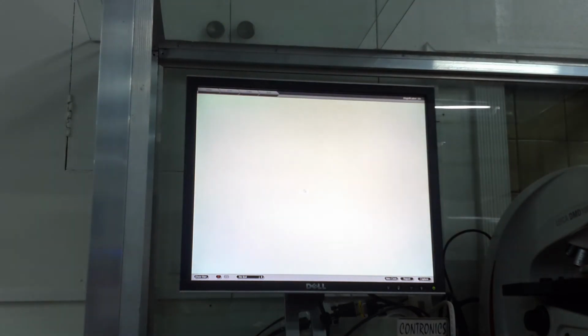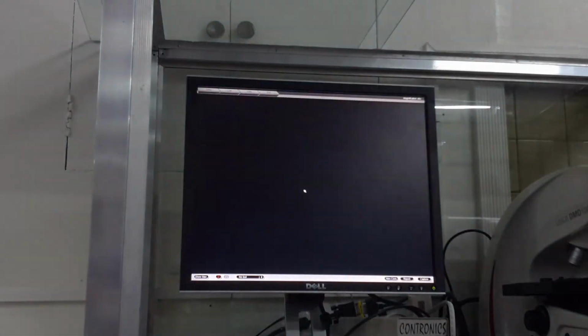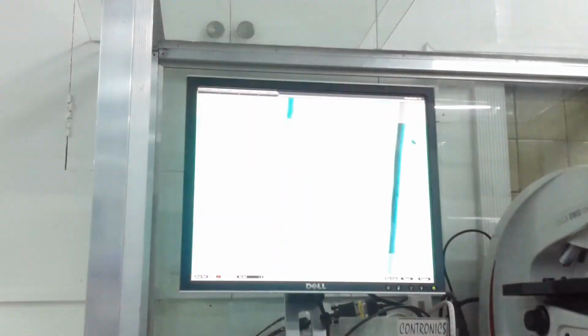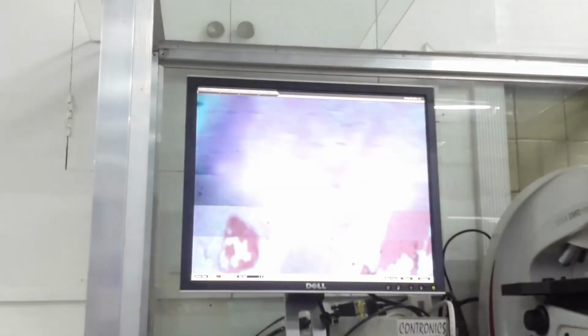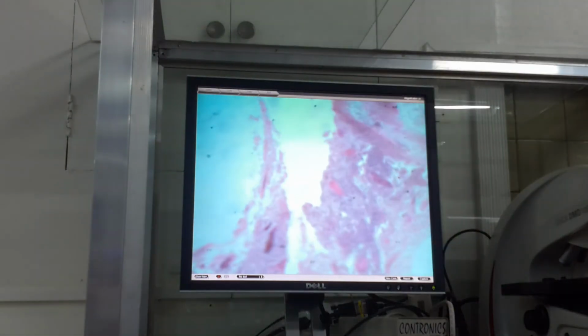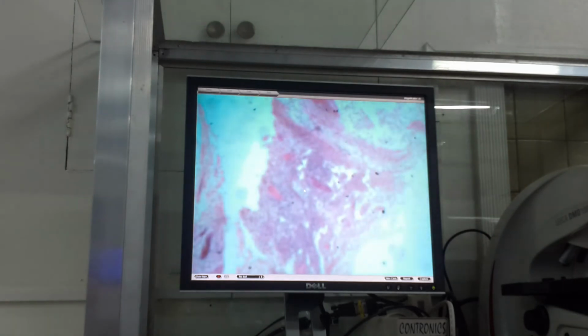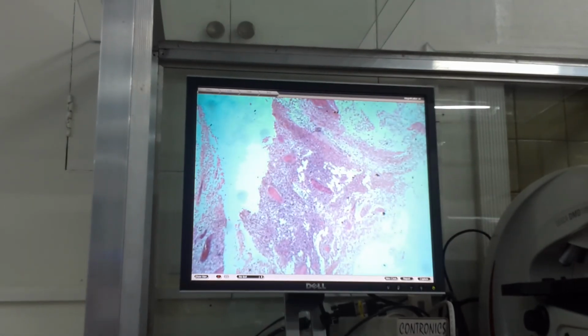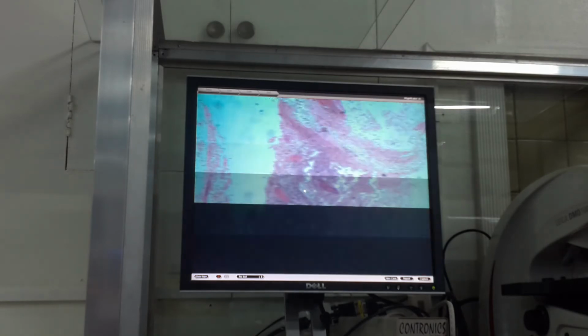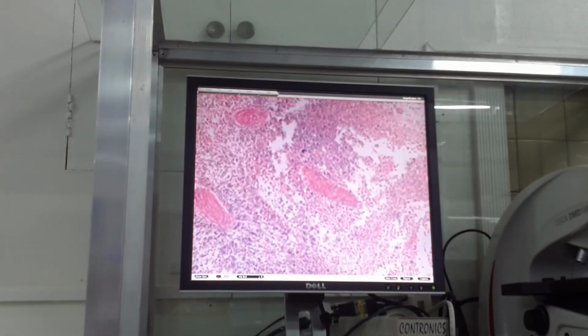Slide number 27. Slide number 27 will show you this particular lesion. What do you see?